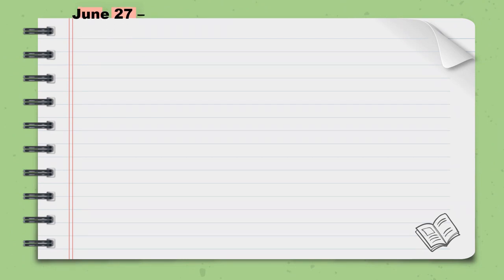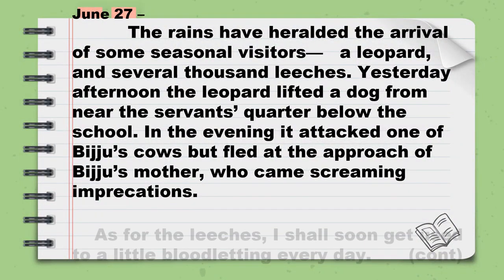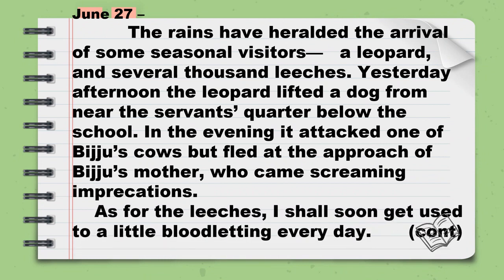And now we can see the rains brought with itself the news of the arrival of a few occasional visitors like the leopard and quite a few thousand leeches. On the afternoon of the day before, the leopard picked up a dog from near the servants' quarter, which was below the school.